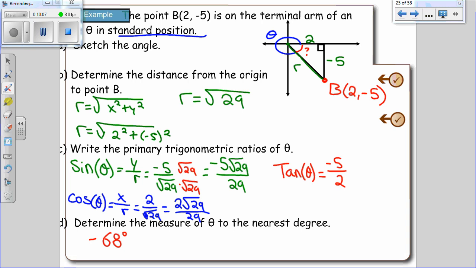If you try using your cos ratio, second cos of 2 root 29 divided by 29, you get positive 68 degrees. If you do the tangent one, second tan of negative 5 over 2, that one's much easier, you again will get negative 68 degrees.